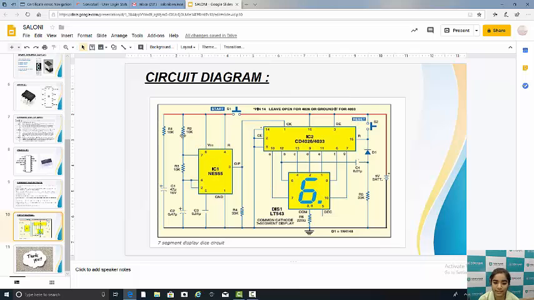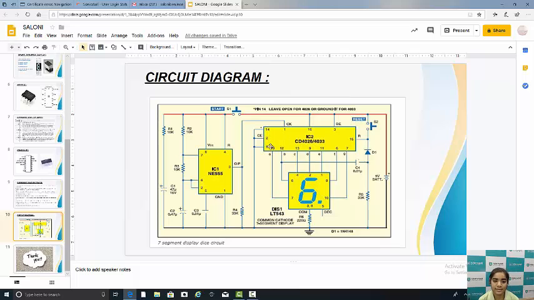The eighth pin we connected with VCC, and the seventh pin we connected with the R2 and R3 resistors. The third pin we connected with the output, and this is also connected with a 33 kilo ohm resistor, and also connected with the first pin of the IC CD4033.